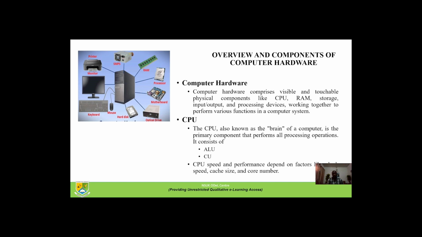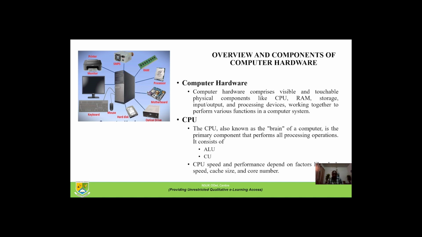The arithmetic and logic unit is further divided into the arithmetic unit circuitry and also the logical unit circuitry. The arithmetic circuitry takes care of computations, the arithmetic part, while the logical unit performs logical functions. And then the control unit offers control to the arithmetic and logic unit.